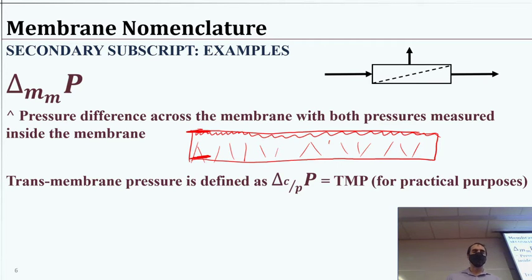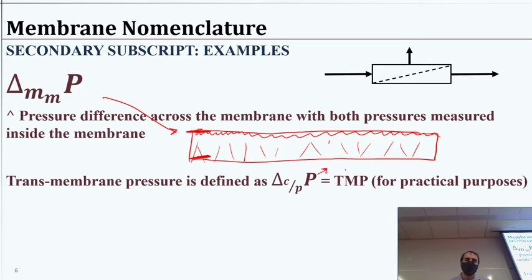Again, that in particular is not practical. So instead, for practical purposes, we describe the transmembrane pressure, which is our driving force pushing stuff across the membrane, as delta P sub C/P. So the pressure difference as measured at the interface of, instead of these two, there's only one subscript, right?